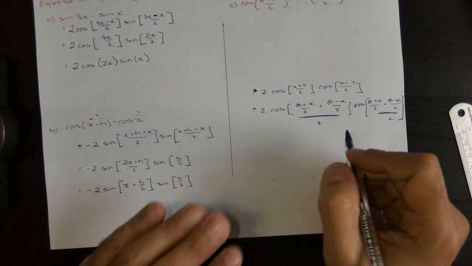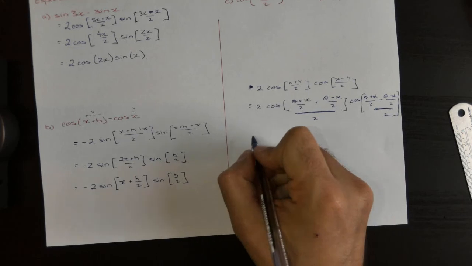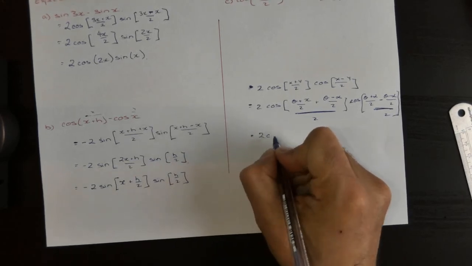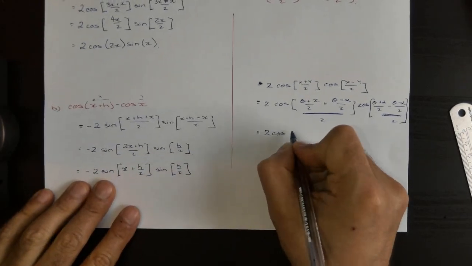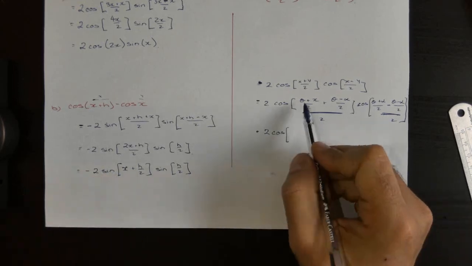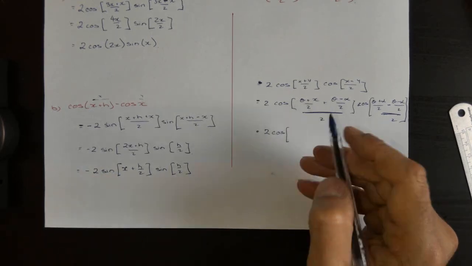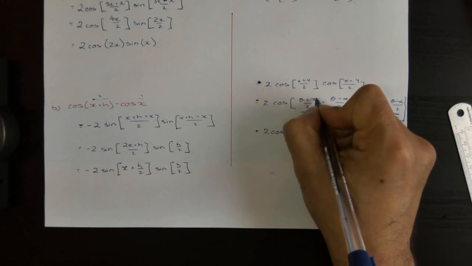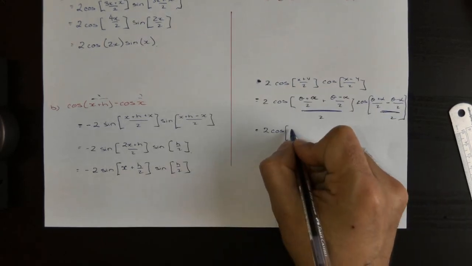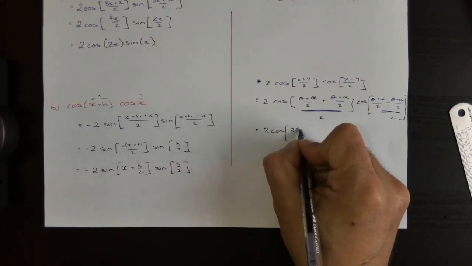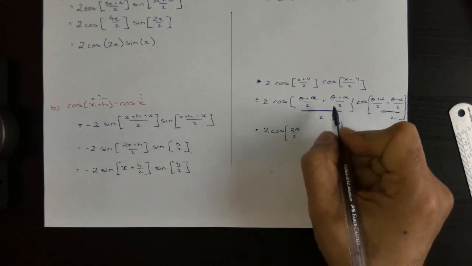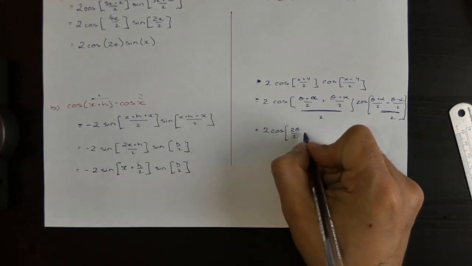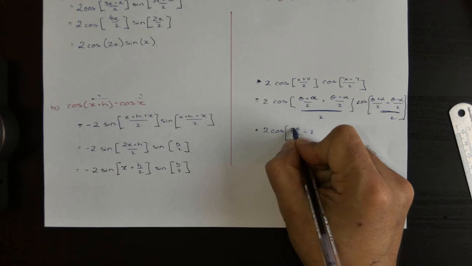Alright, let's clean something up. So that's going to add to 2 theta. So, yep, 2 theta over 2, and we're going to then divide by 2.